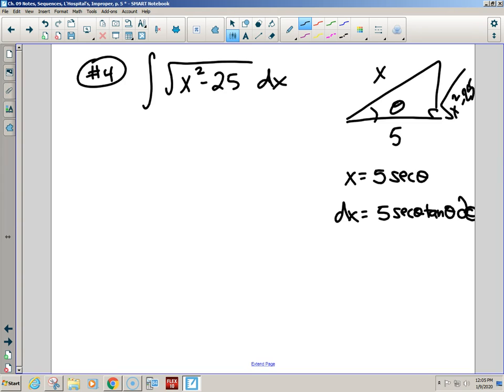I showed Joe and Lorenzo this quickly yesterday. Just a few of you might appreciate what I'm about to show you. Do you know how in all the examples I did yesterday, I would have plugged into x right now? And I would take my 5 secant theta, I'd make it 25 secant squared theta. I'd have to pull out the 25. Square root of 25 is 5. Secant squared minus 1 is tangent squared. Tangent squared square root is tangent. Couldn't we also look at this and say, I see him.